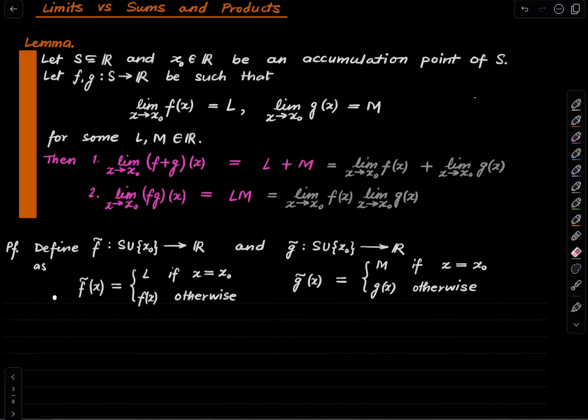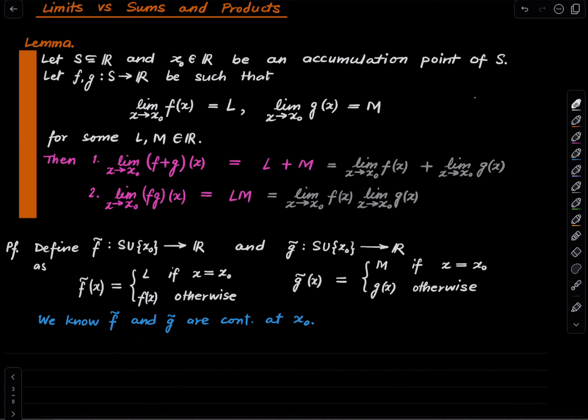Okay, and we know by what we recalled that f tilde and g tilde are continuous at x0. And therefore by algebra of continuity, f tilde plus g tilde is continuous at x0.